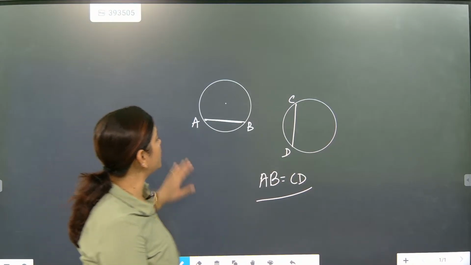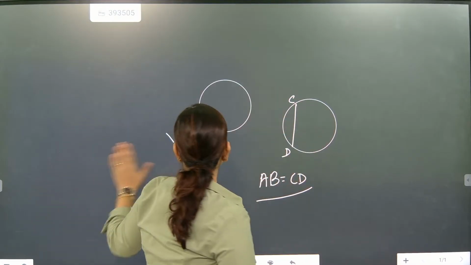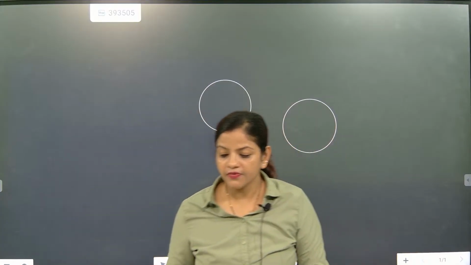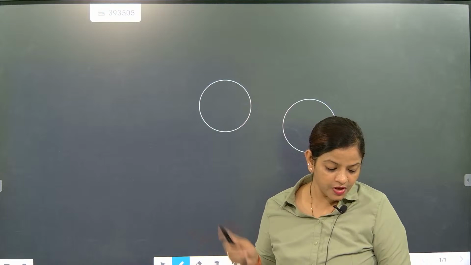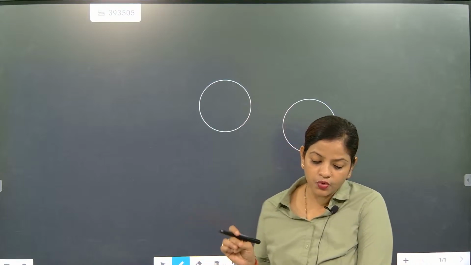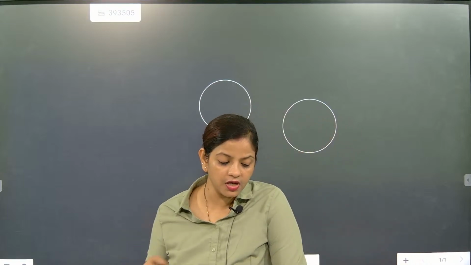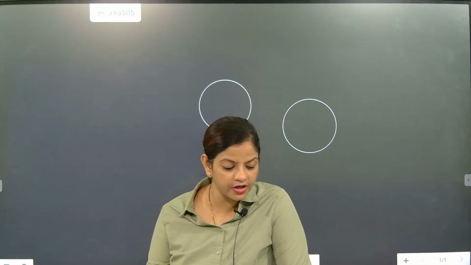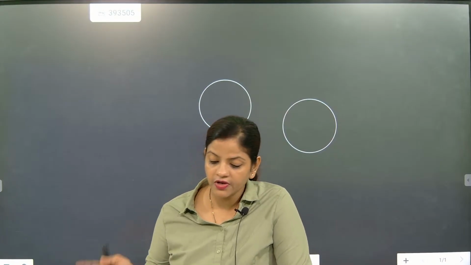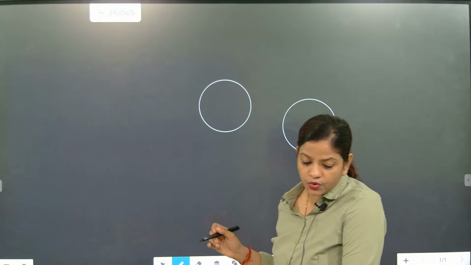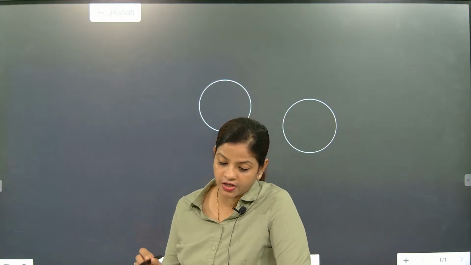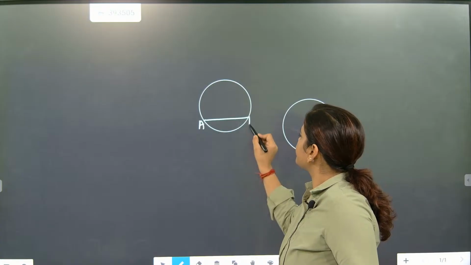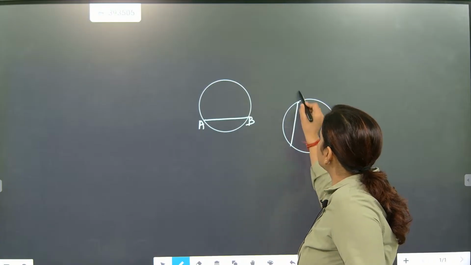Now the next theorem: if two chords of a circle are equal, then their corresponding arcs are congruent. That is also very, very important. Again, it is already given that AB is a chord and CD is a chord.